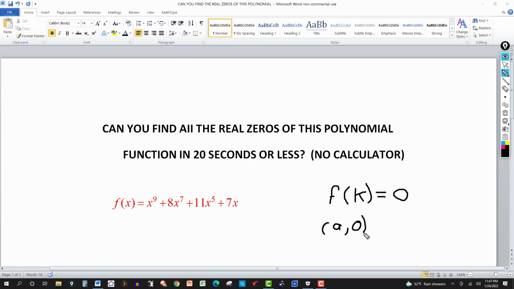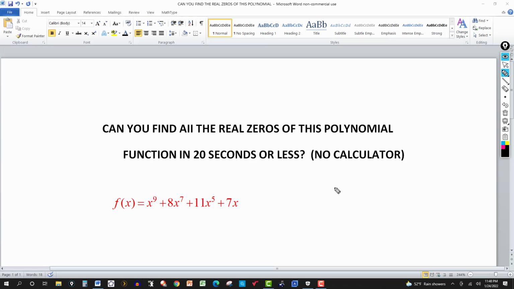At any point where the graph crosses the x-axis, the y value is always going to be 0. So you can find all the x-intercepts to the graph. The first component of those points, the x-intercepts, will generate the zeros.